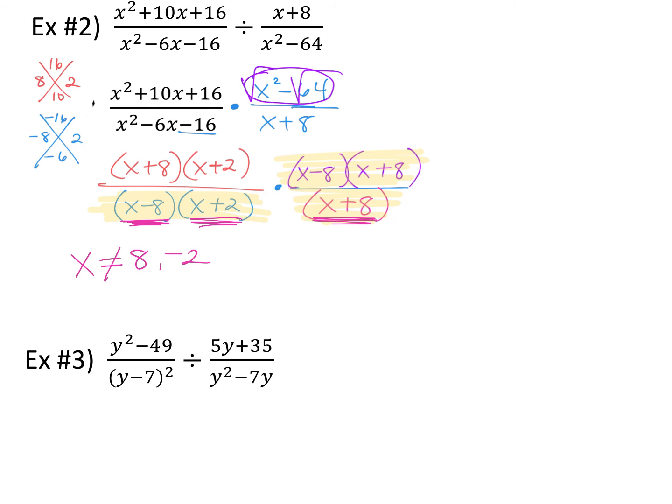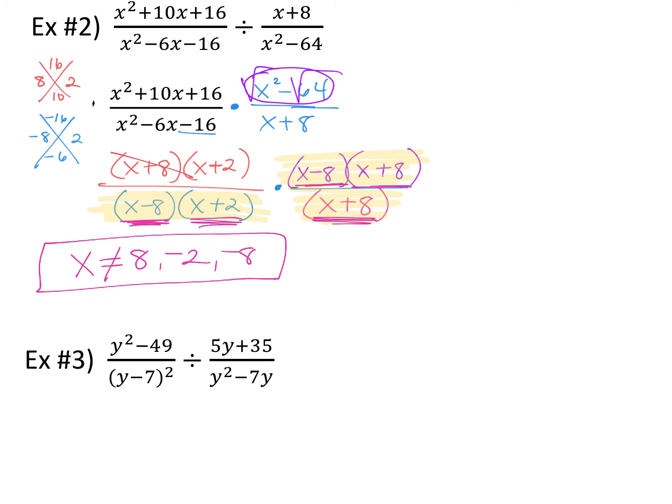Negative 2, this. Negative 8, and these. 8 and negative 8, which we already have, right? Worked out lovely again. Okay, so there's your restrictions. There is actually a lot of overlap of them because if you think about it, we're trying to slash things away, right? And usually there's something that will. So it works out quite nicely.